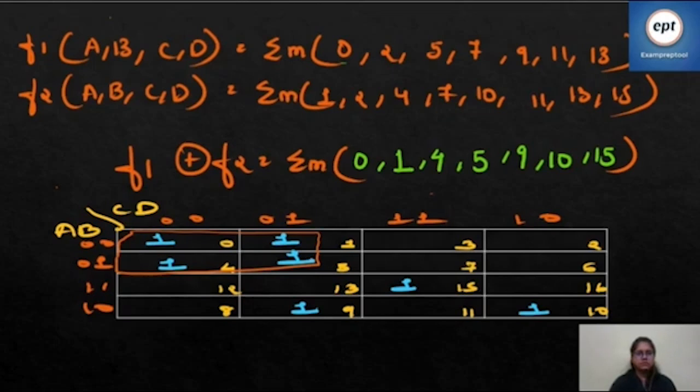Now the group is formed. So let's see what minimal expression comes out of this. It will be A bar and here it will be C bar. So the first minimal term we got from this is A bar C bar.